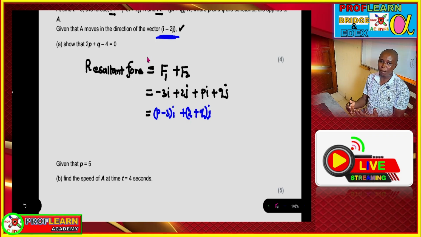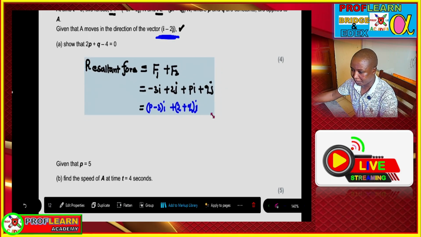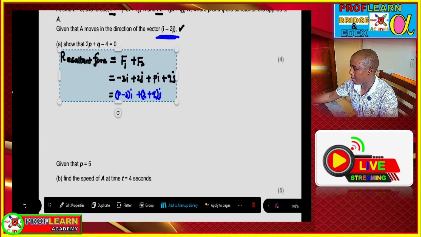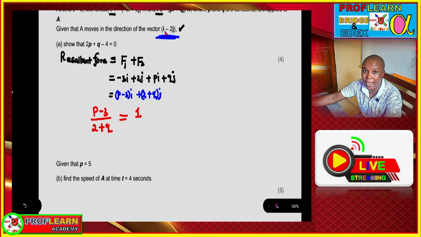Then we can apply ratios in order to work out the value of P. So if we find the ratio of their components, since they are parallel, we can say P minus 3 over 2 plus Q should equal 1, because this is just 1I, over negative 2.